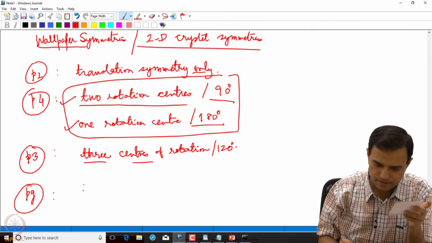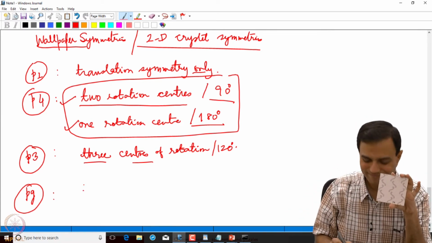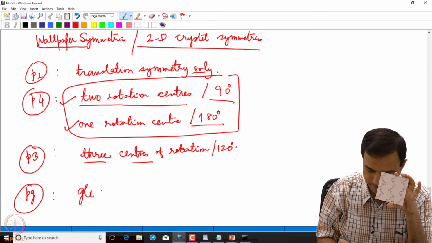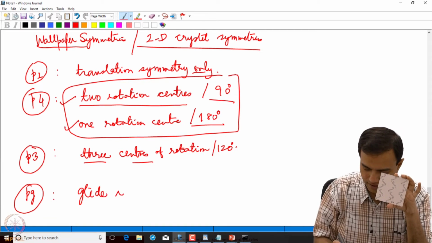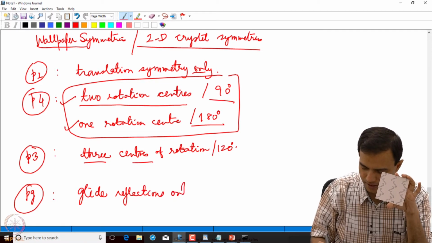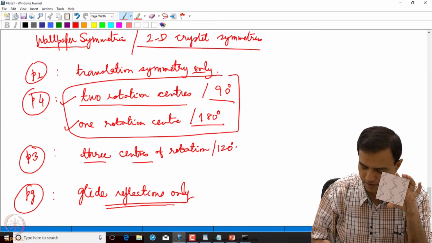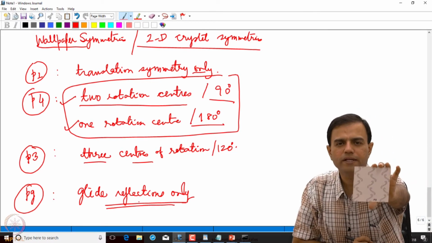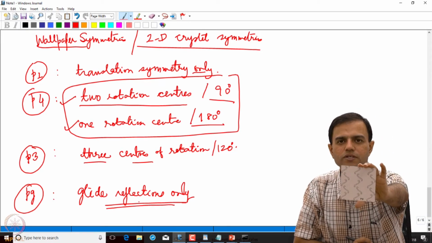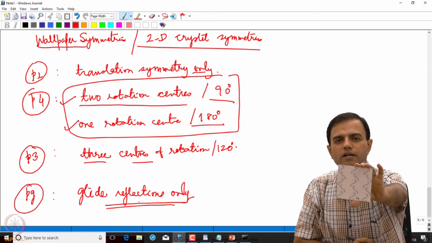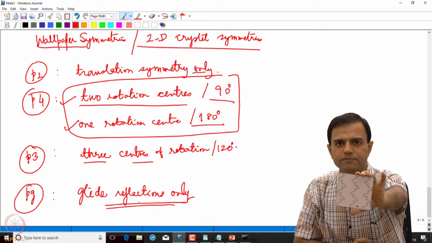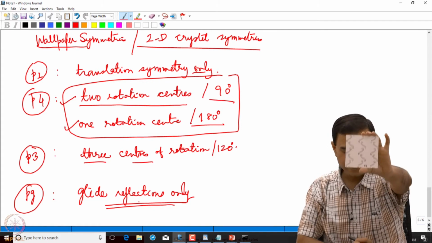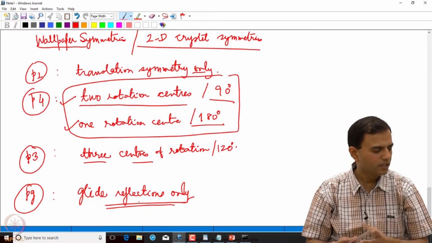So this has, let me show you, glide reflections only. Just carefully look at it. Glide reflection, as you recall, is a composition of reflection and translation. So it has only glide reflections and that is type PG.